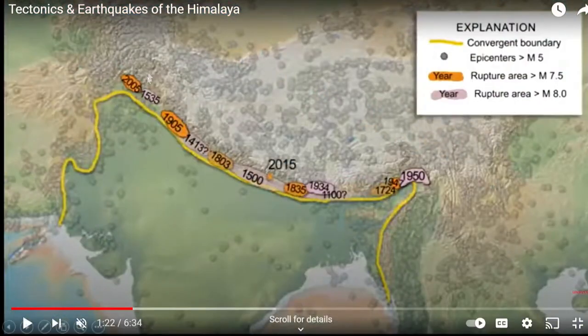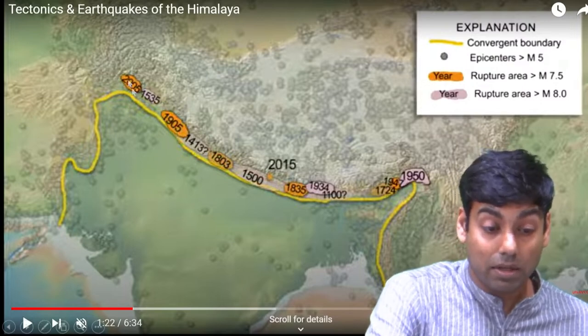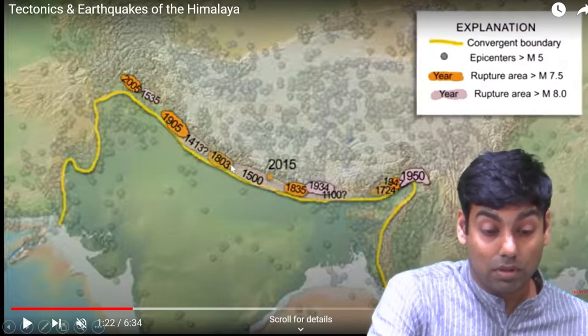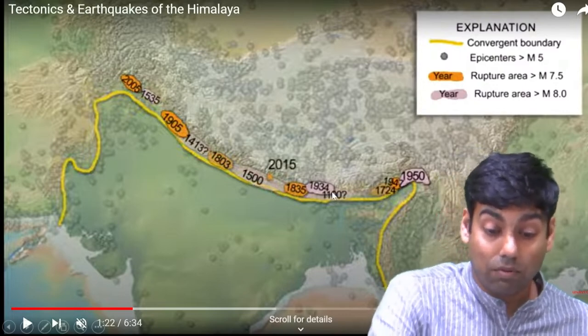And here you can see the paleoseismic information. Starting from northwest to northeast, we have some knowledge of the paleoseismic record, where there was a great earthquake and huge damage to infrastructure as well as loss of life.